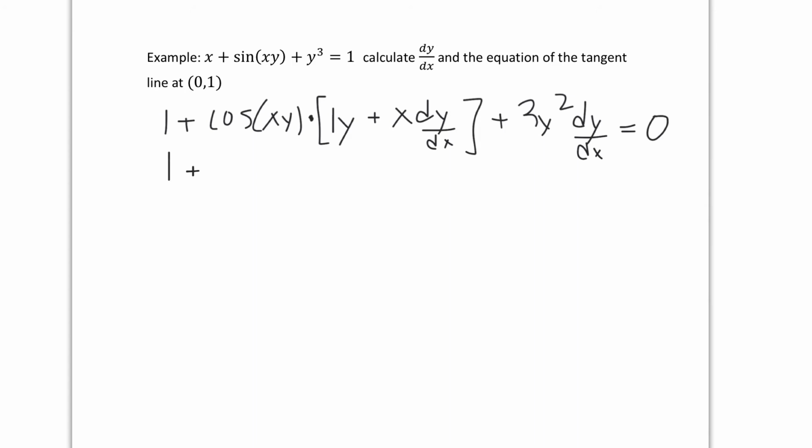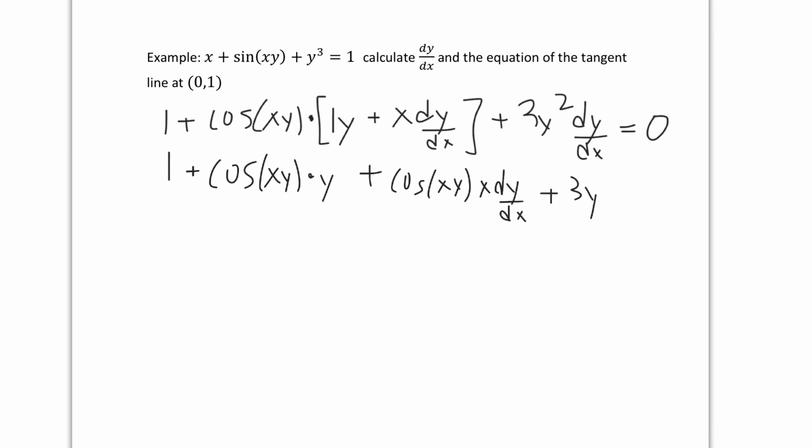1 plus cos xy times y plus cos xy times x dy/dx plus 3y squared dy/dx equals 0.